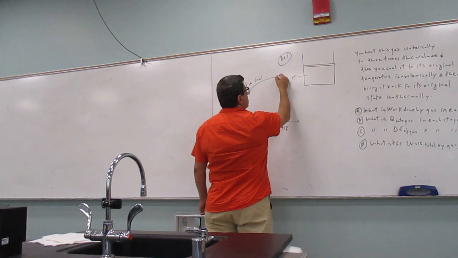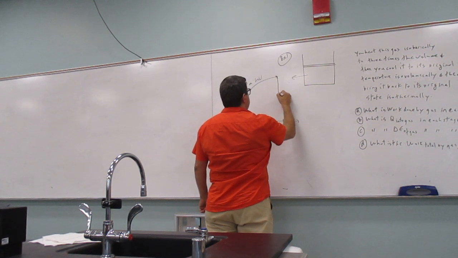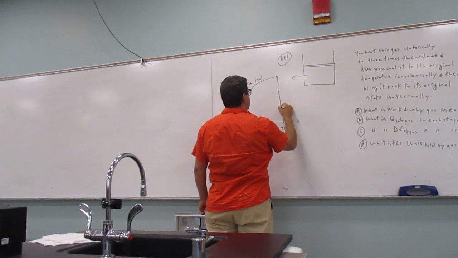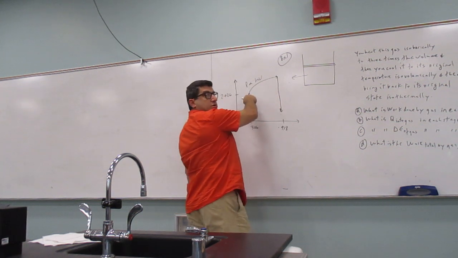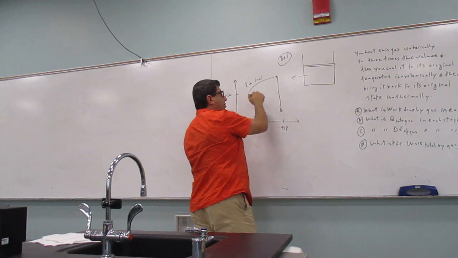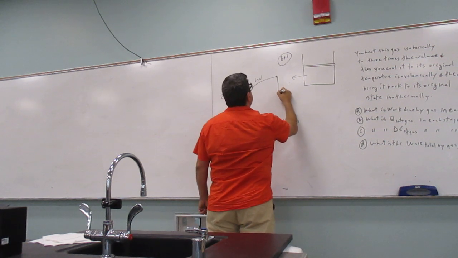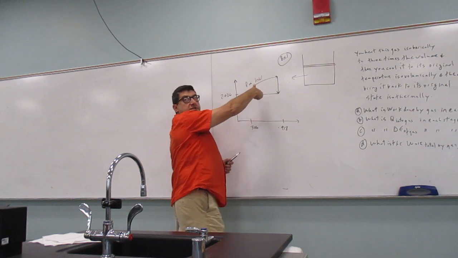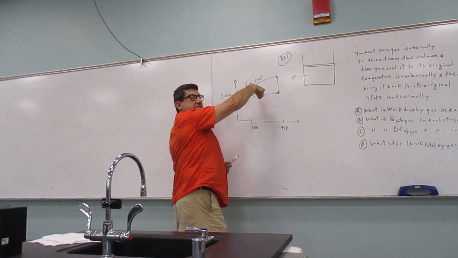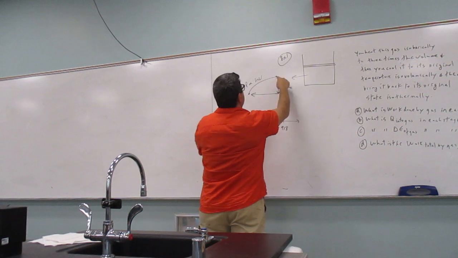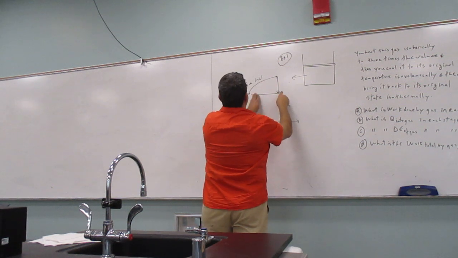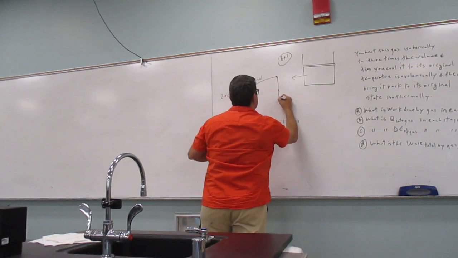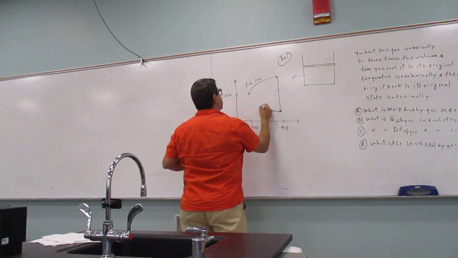Then go down isovolumically, and go back isothermally. Or I can go down isovolumically, go back isobarically. As long as it's clockwise, it's a heat engine, right? Like this. So I can go down isovolumically, isobarically, or go down isovolumically and go back isothermally.